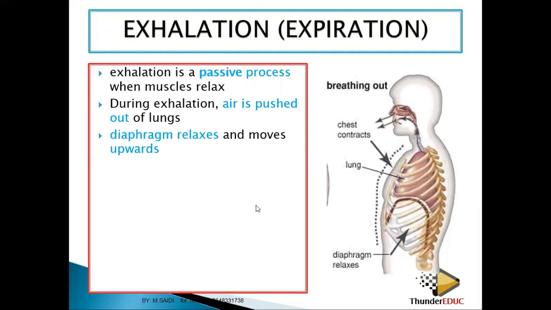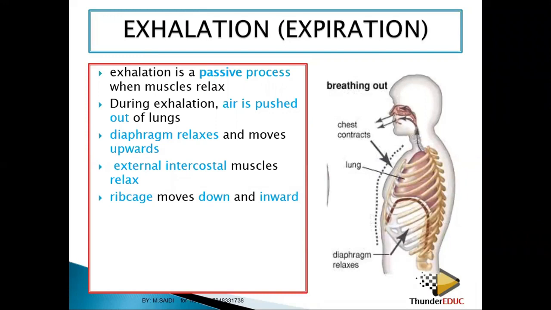And then the intercostal muscles on the rib cage relax. What happens when they relax? The rib cage moves downwards and inwards. You see, it was passing here. These dotted lines show you where it was passing. It moves down and in. Try to do a breathe out.